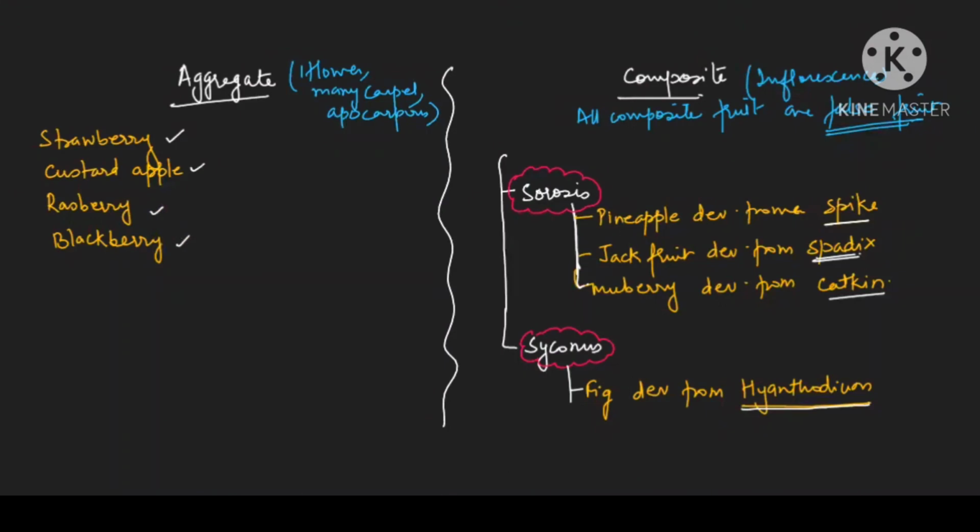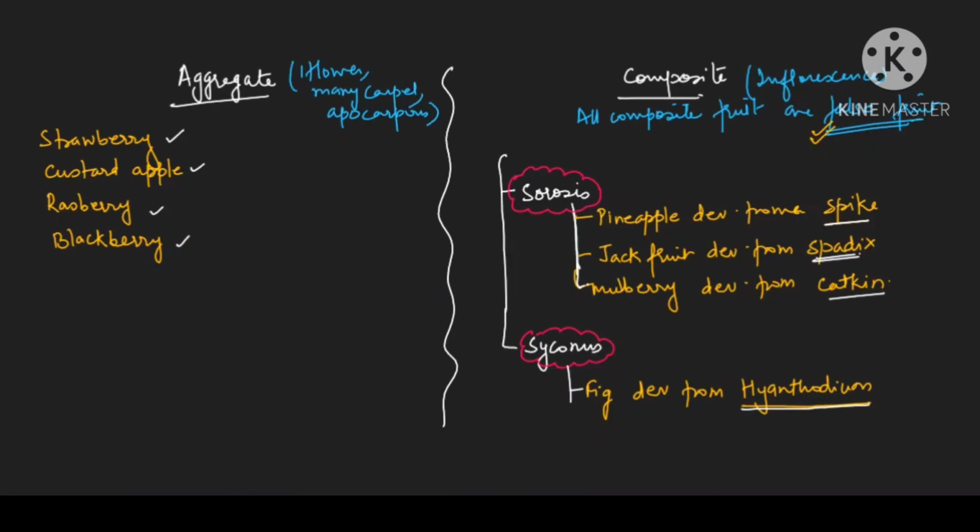But composite fruits are those fruits which develop from an inflorescence. As a result, all composite fruits are false fruits. Their examples are pineapple, which develops from spike inflorescence. If you are forgetting it, you can check the inflorescence video.